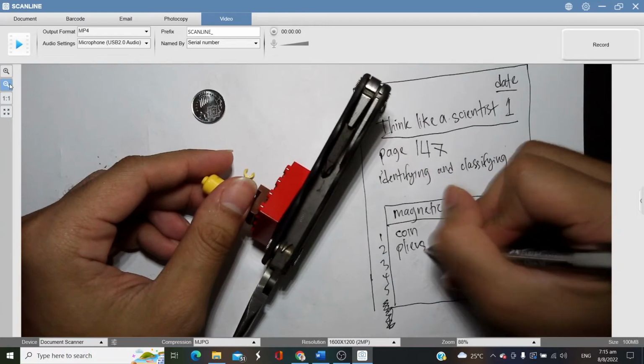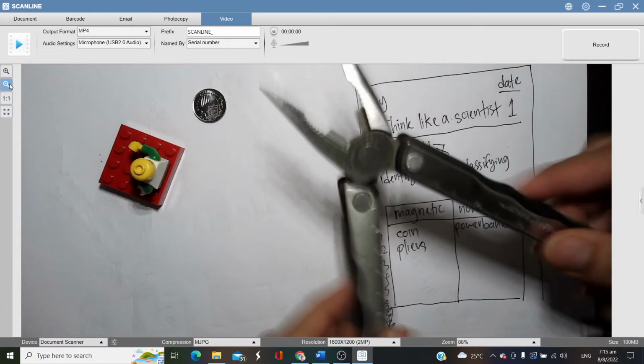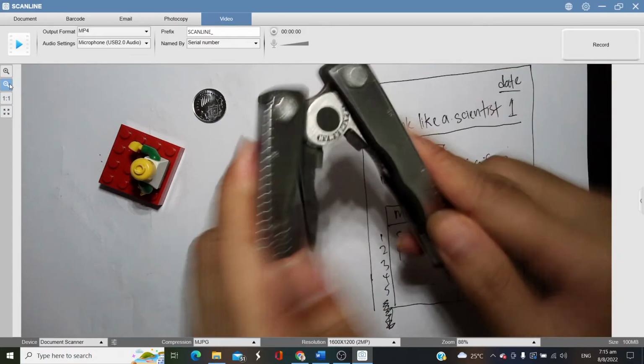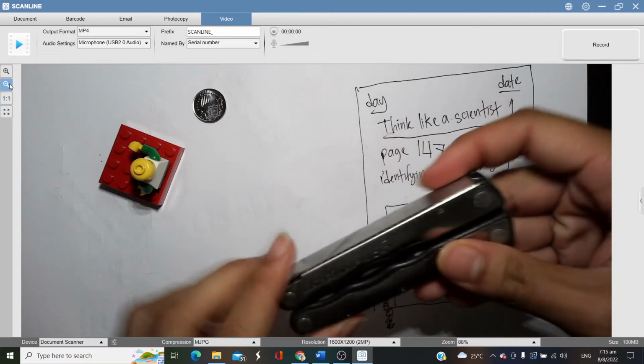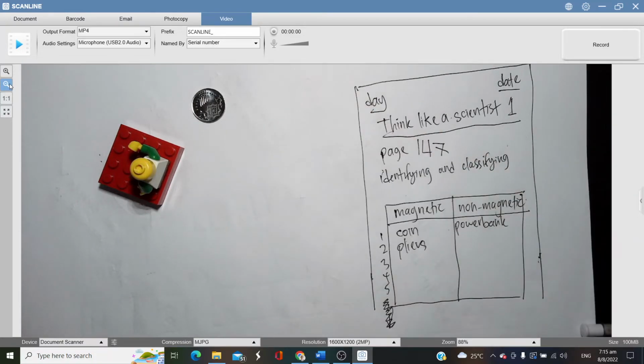This is pliers. These tools you can find at your home, but please do not try anything that you think is dangerous, like scissors. You don't have to try those things. Make sure your parents are around also.